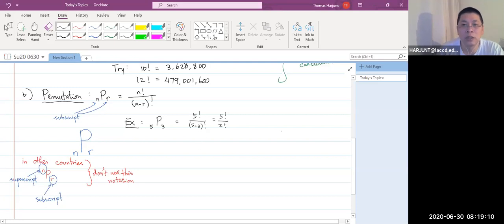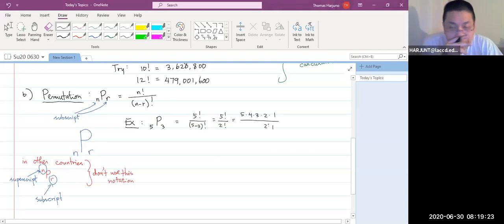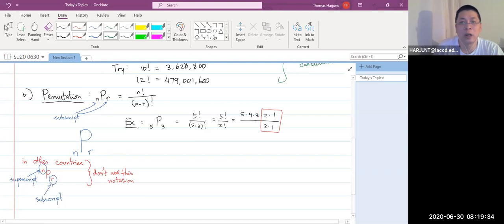Now this is equal to, if I write it out, 5 times 4 times 3 times 2 times 1 over 2 times 1. Notice that the 2 factorial, 2 times 1, gets cancelled. So we get only 5 times 4 times 3, which is 60.